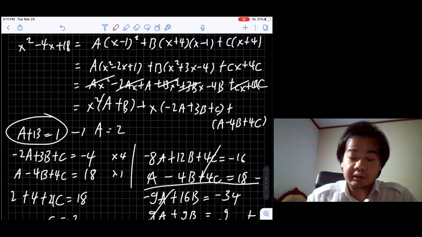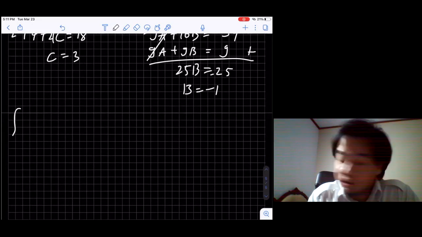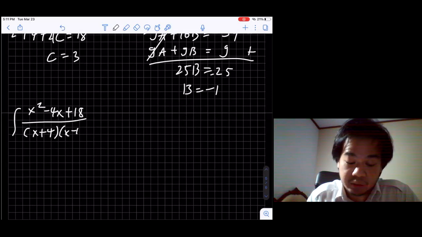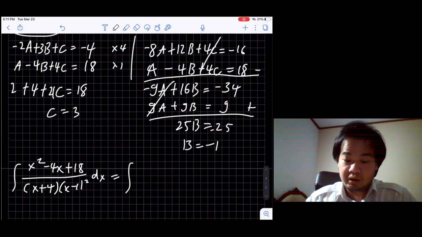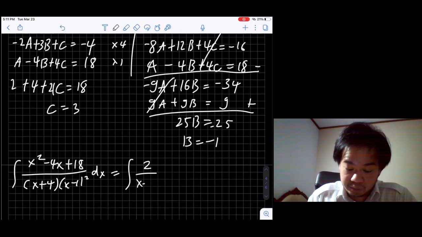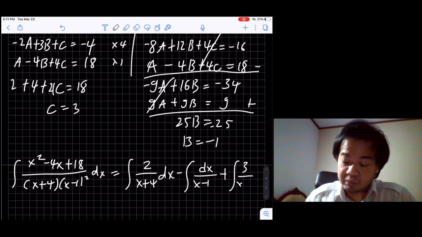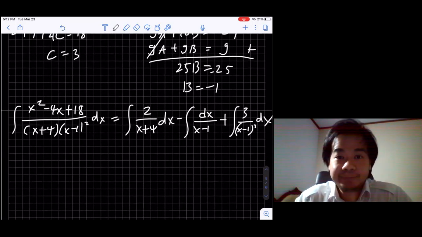So basically, this one, the integral of (x squared minus 4x plus 18) over (x plus 4)(x minus 1) squared dx, can be resolved into the integral of 2 over x plus 4 dx minus the integral of 1 over x minus 1 dx plus the integral of 3 over (x minus 1) squared dx.